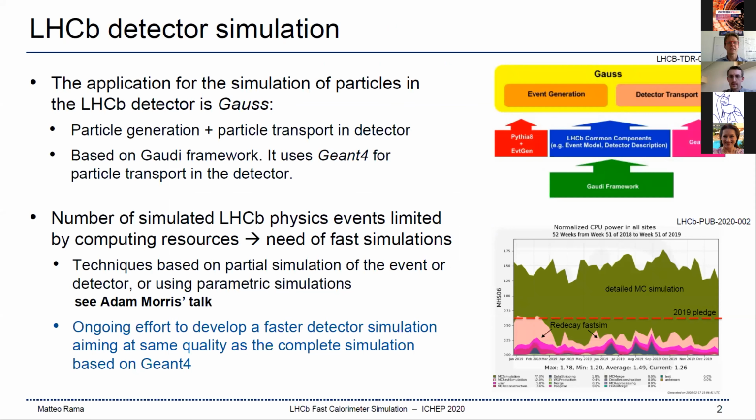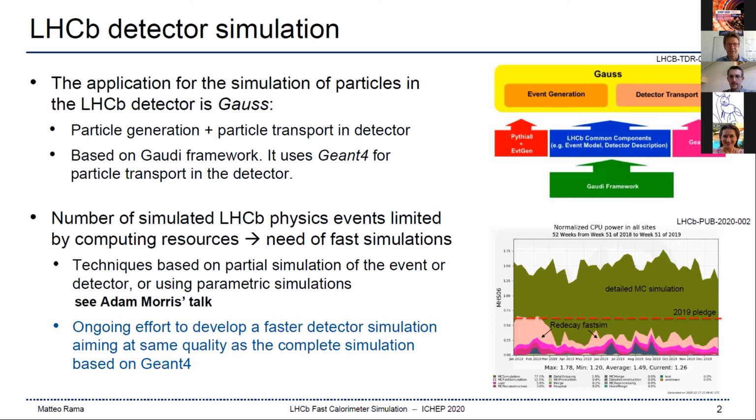The latter part is made using the Geant4 toolkit, which is quite accurate, but as you probably know, it is also quite CPU time demanding. For this reason, the number of simulated physics events in the experiment is limited by the computing resources. So obviously, from this follows our need for fast simulation.